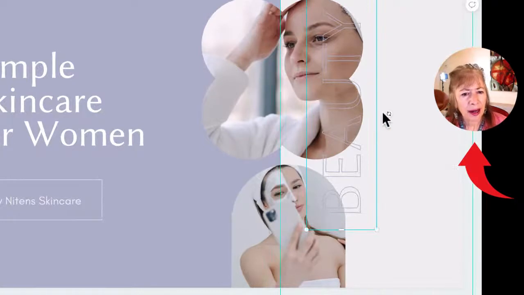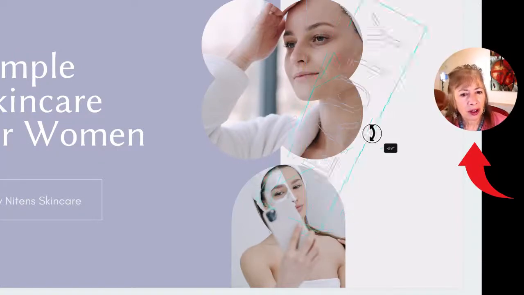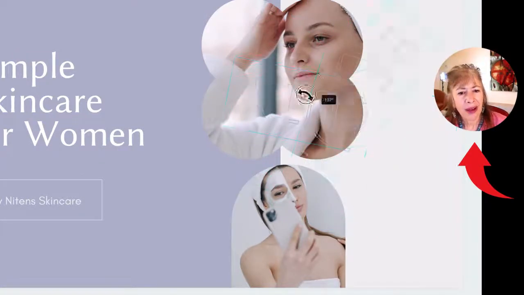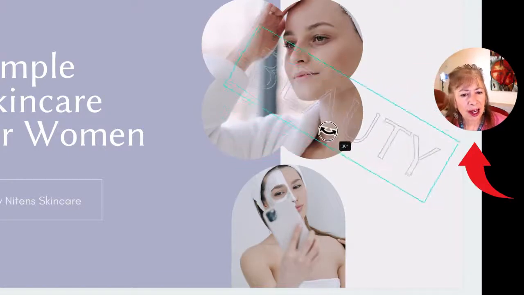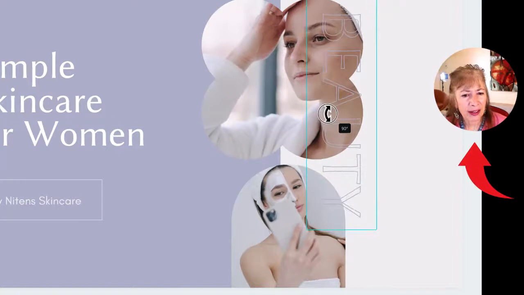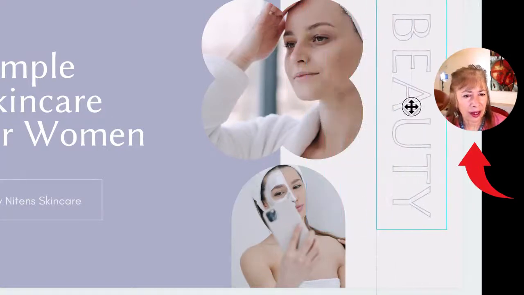When you click on it, there's this little round ball that comes up with 2 arrows, and then you just turn that, and that's how you make your text go sideways. And as you turn it, it tells you how many degrees you're turning it, so when you get to 90, you know you're perfectly sideways, and you pull it over. And that's how you make sideways text. Isn't that cool? Very cool. So many simple things that you can do.